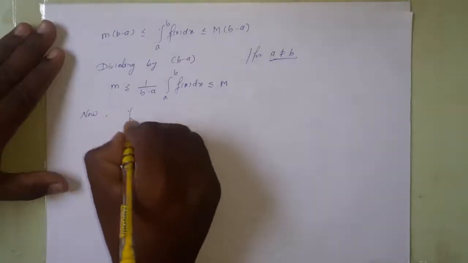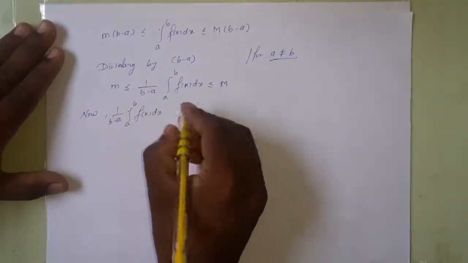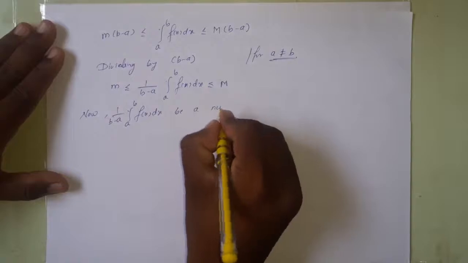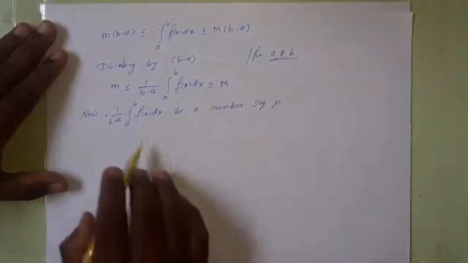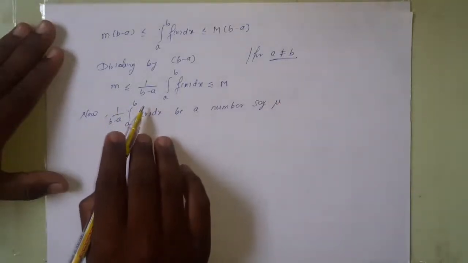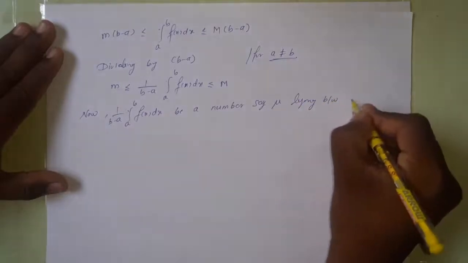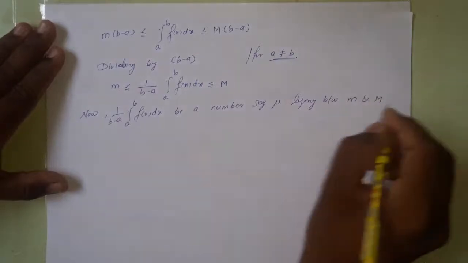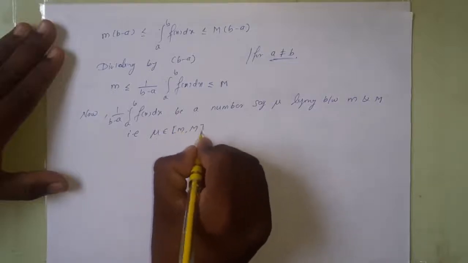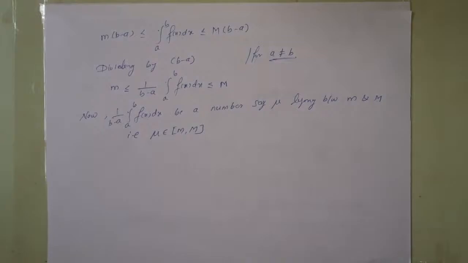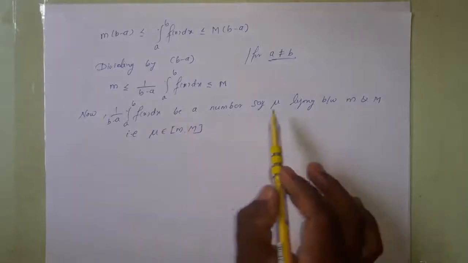Now let us consider 1 by (b minus a) times the integral over a to b of f(x) dx as a number, say mu, lying between small m and capital M, that is, mu belongs to the interval from m to M. Now we are denoting this total quantity as a number mu.